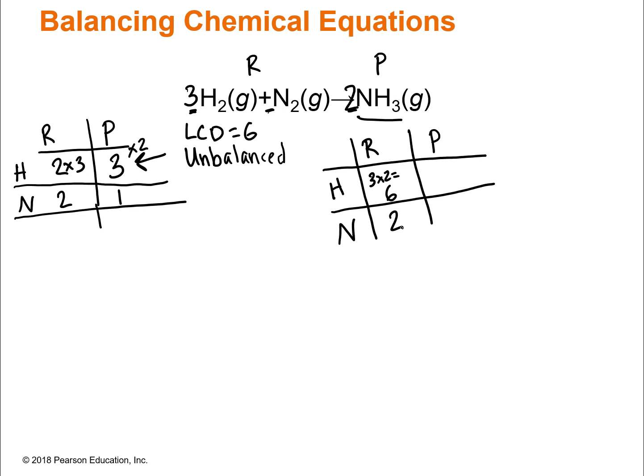On the product side, I've added a coefficient of 2 in front of the ammonia. So that means I'm going to have 2 ammonias times the number of hydrogen atoms that are in them, 3. That gives me a total of 6. And I'm going to do the same thing with the nitrogens, and I'm going to see that I have 2. So it looks like we're balanced.